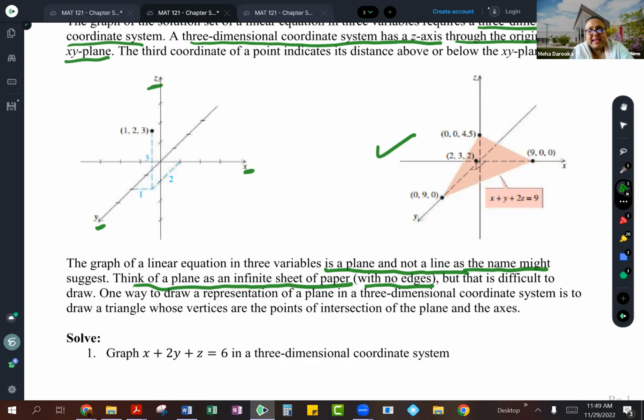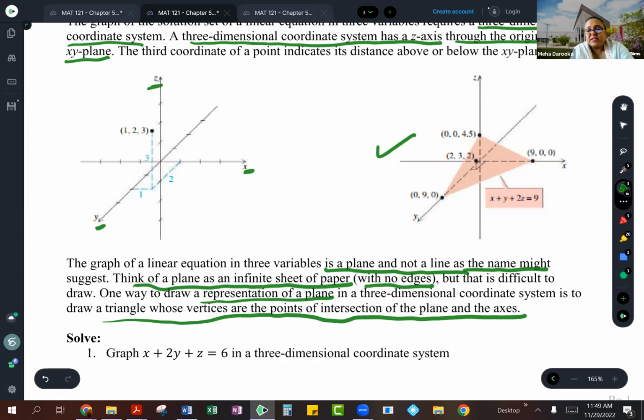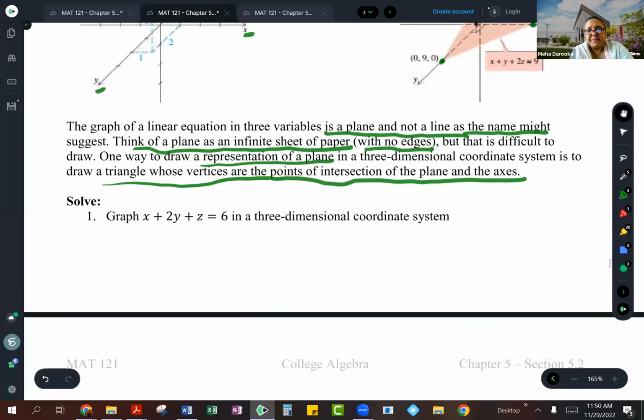So one way to draw a representation of the plane is to draw a triangle whose vertices represent the points of intersection where the plane meets the axes. This would be the y-intercept, this would be the x-intercept, and this would be the z-intercept. You're just drawing those as the vertices of your triangle, and that's the best thing you can do as far as drawing your graph goes.